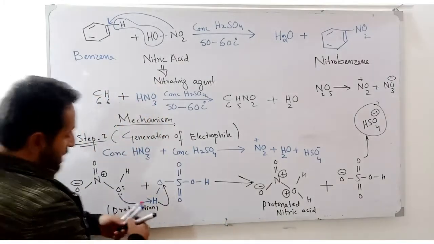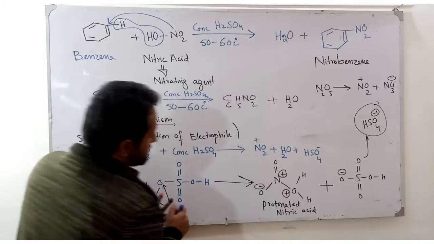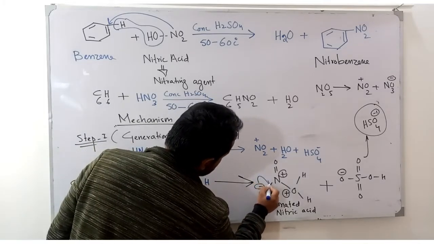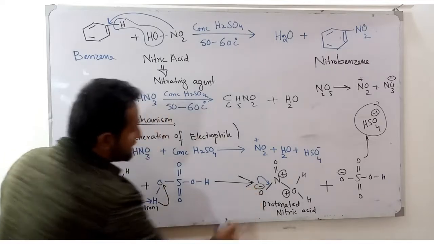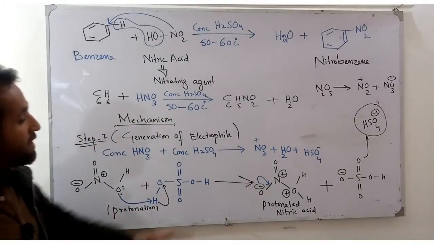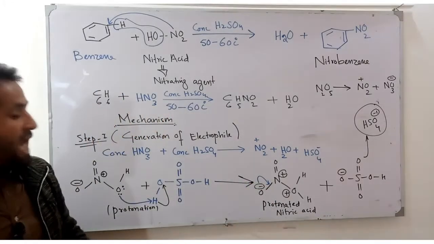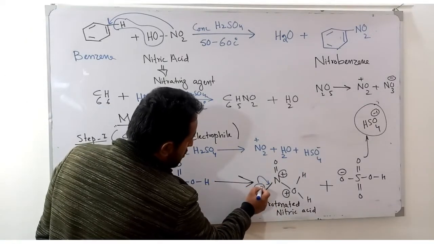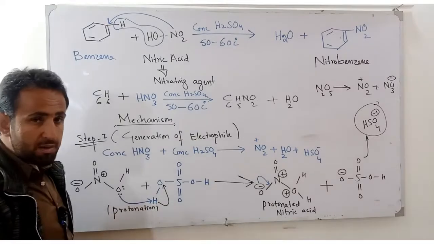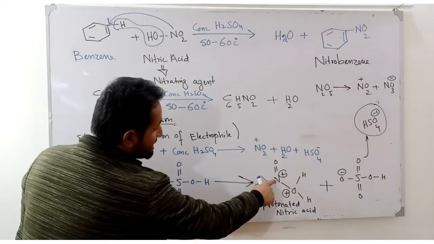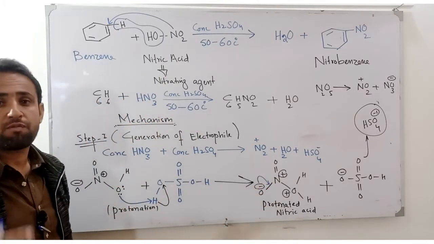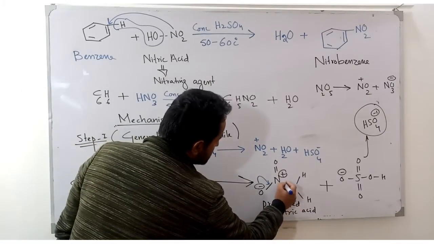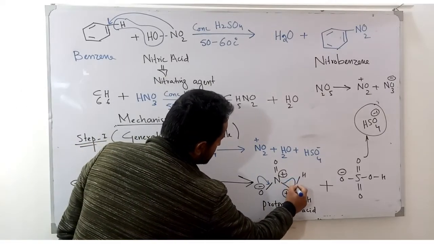So now I will tell, suppose this O negative will give its electron here. I mean this negative oxygen will share its electron with the nitrogen atom. Here a double bond will be formed. As this oxygen gives an electron to the nitrogen atom, this positive oxygen will attract the electrons from the nitrogen atom.